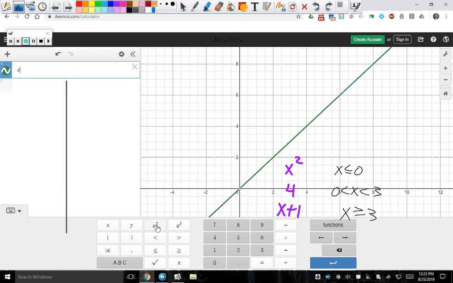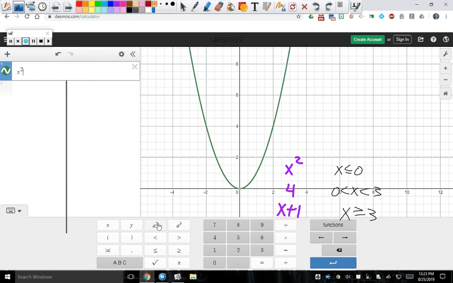That squared button is right here. And we're only going to, so space, shift, bracket to access the braces. And we're going to say x's that are less than or equal to, here's the less than or equal to button, 0. And close the brace. And it's exactly what our graph looked like when we did it by hand.